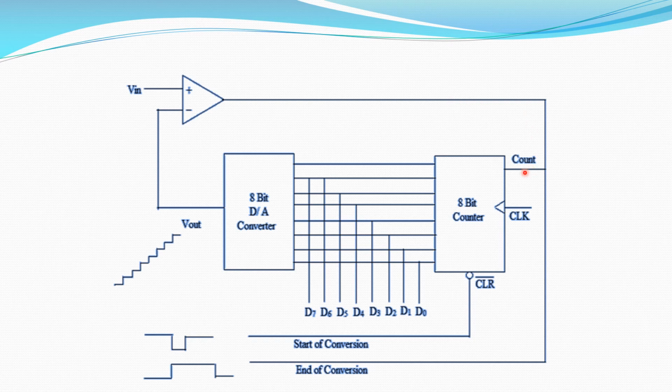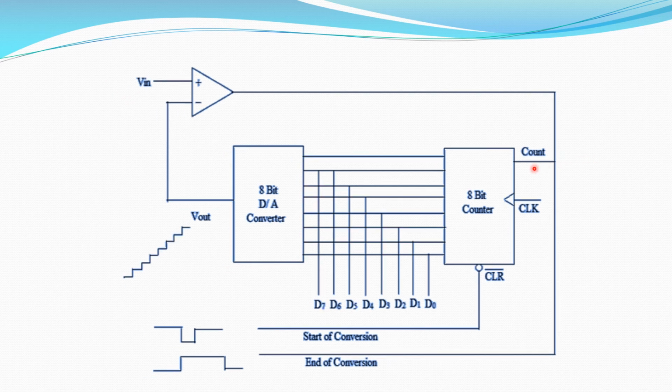That means C count equal to 0. When C count equal to 0, this counter will stop counting. At that time, we have a particular output D7, D6, D5, D4, D3, D2, D1, D0. That is the digital equivalent of given V in.